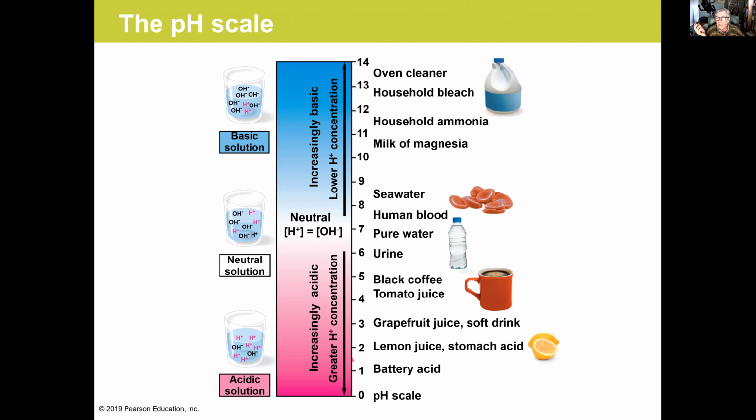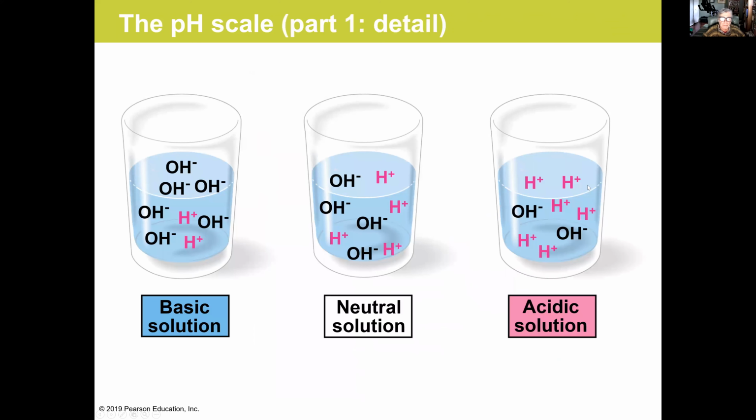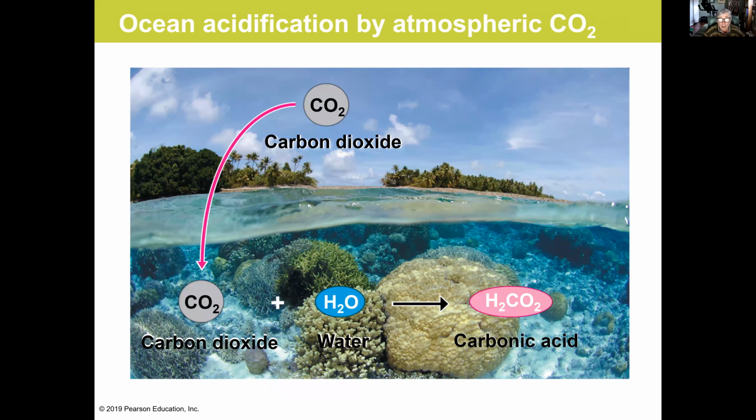Non-polar liquids, it doesn't make any sense. There's no such thing as pH for non-polar liquids. So basic, more hydroxide than hydrogen. Acidic, more hydrogen than hydroxide. Neutral, same amount of hydrogen ion as hydroxide ion.